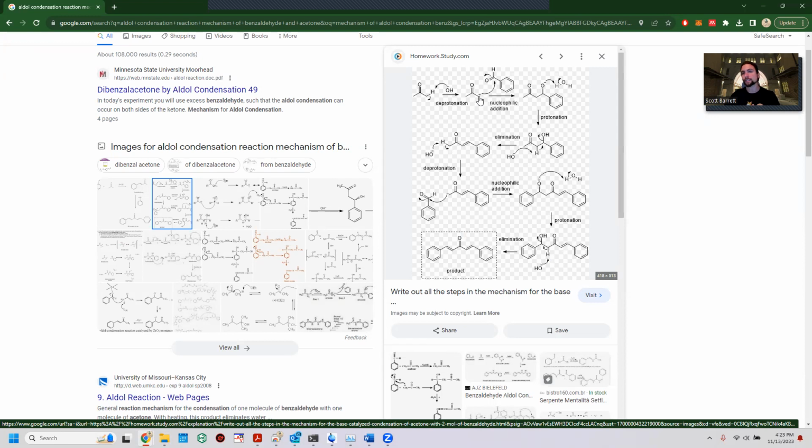In this case, the acetone's alpha carbon is the nucleophile attacking that carbonyl. And so then we create this intermediate here where our acetone has been attached to that side chain, but we're still left with a negative oxygen.